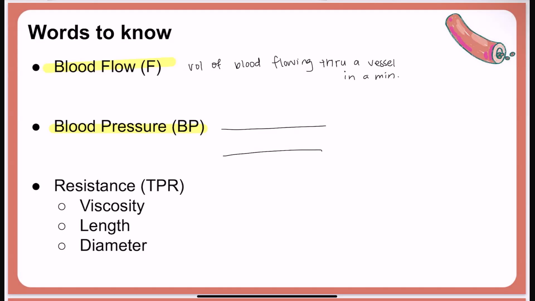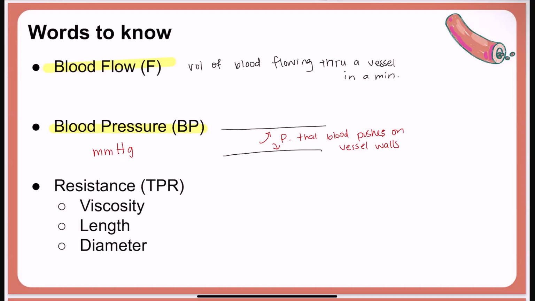So it's the force, the pressure that blood pushes on vessel walls. And we typically report this in the unit millimeters of mercury. That's just the unit. Anytime you see millimeters of mercury, mmHg, always think, well, okay, that's blood pressure or some kind of pressure going on.